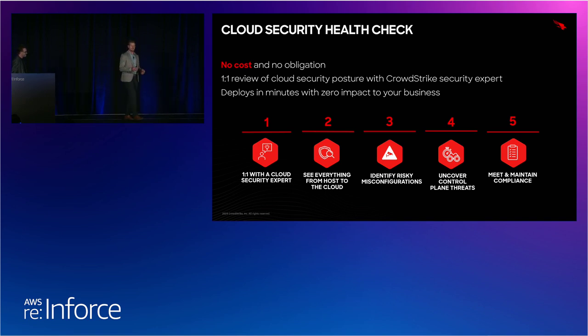And as you do this, there is a $1,000 AWS credit that you can get upon completion. Rob, anything you want to add to that? Well, just that the $1,000 service credit we offer in partnership with AWS is just for going through the security health check.